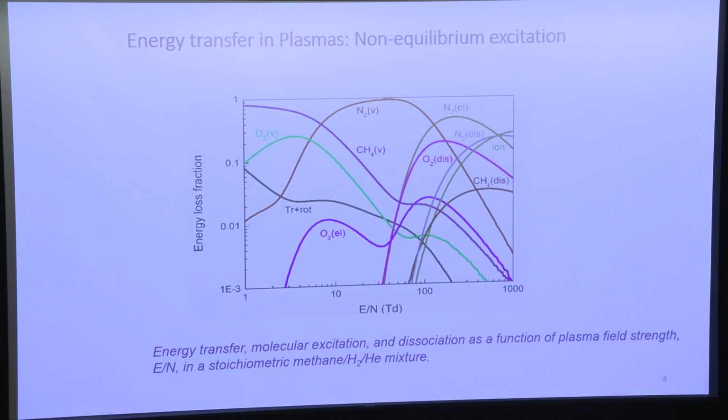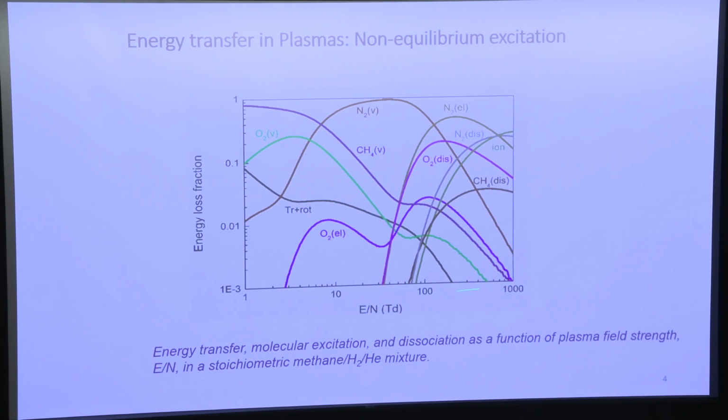Again, I want to remind you that energy transfer in plasma depends on electron energy, which is E over N. At a lower E over N, you get vibrational excitation, which is strongly molecule dependent and allows you to design a plasma to tune ignition or methane reforming or CO2 reforming.